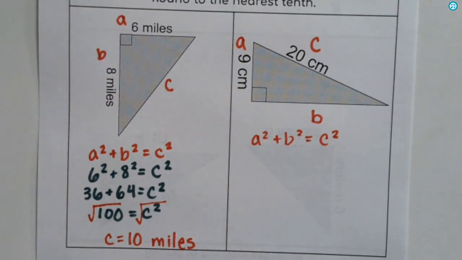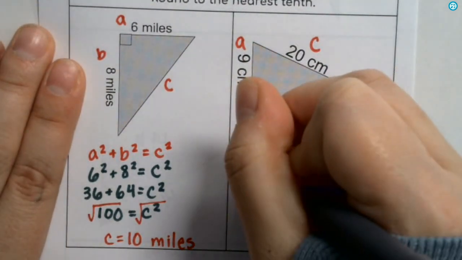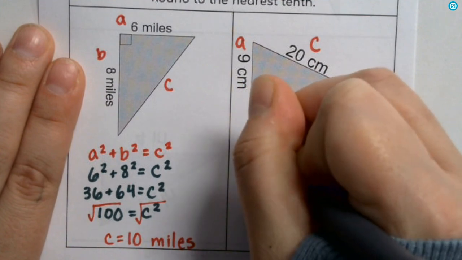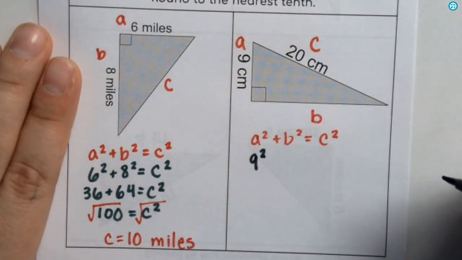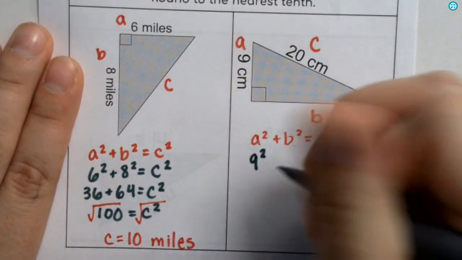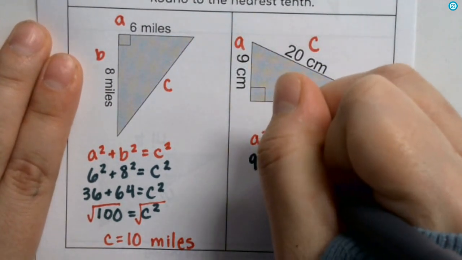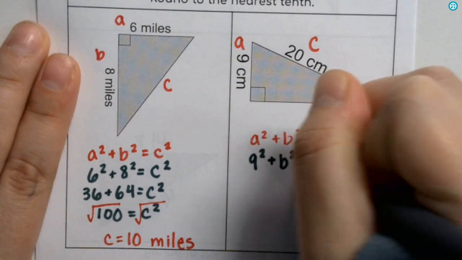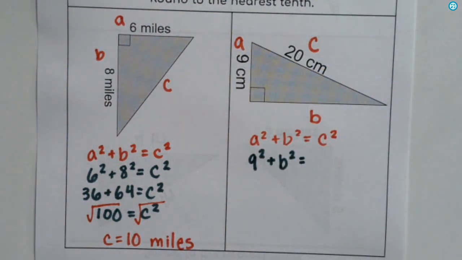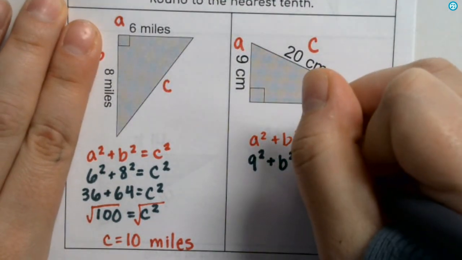Okay, so we're using the same formula, which is A squared plus B squared equals C squared. But now, instead of plugging in A and B, we have to plug in A and C. So A is 9. I've got 9 squared. Plus B, I haven't solved for. And then C squared is 20 squared.